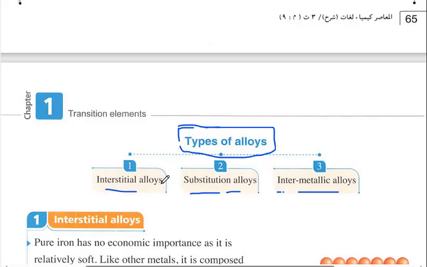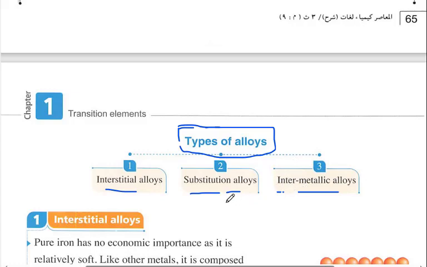So if we put atoms with a very small size compared to the original atom of the main element, it is called interstitial alloy. If the element which we substitute inside the crystal lattice of the main element has the same or similar size as the main element, we call it substitution alloy. If there is a reaction between two elements, in this case we call it intermetallic alloy.